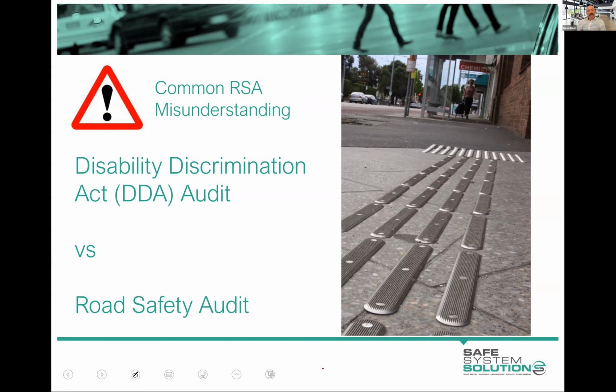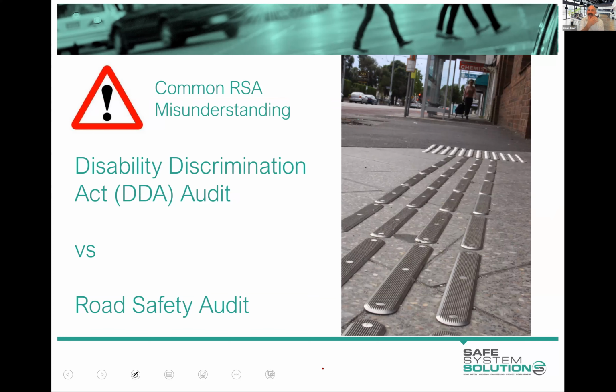Do you pick up DDA deficiencies in a road safety audit? That's up to you as an auditor. If you believe that it presents a genuine risk of death and serious injury that meets the risk matrix that we have as auditors, then you would put it in.